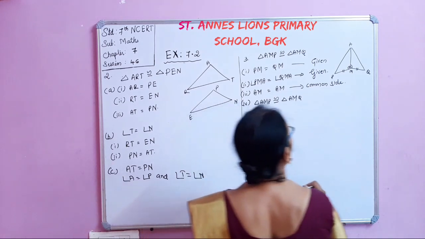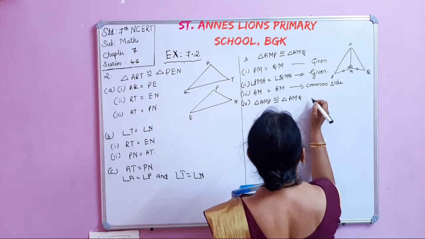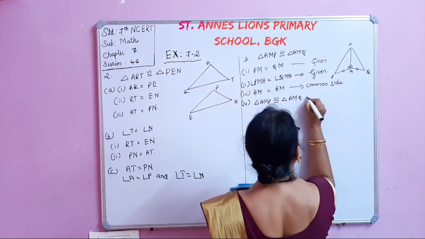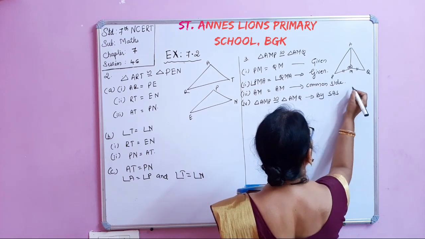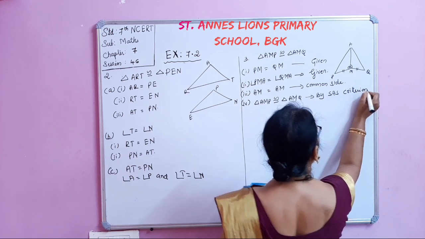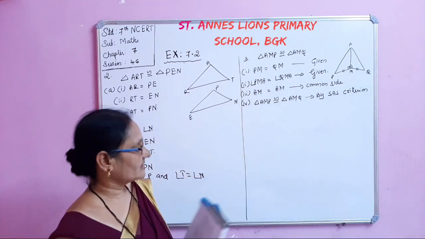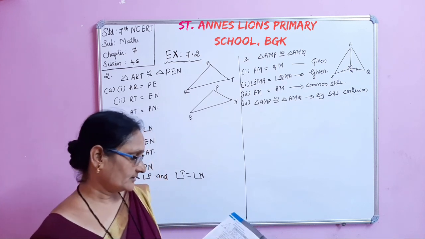By which criteria? See here, side, angle, side. So that is by SAS criterion, these two are congruent. Okay, this is what the third main.